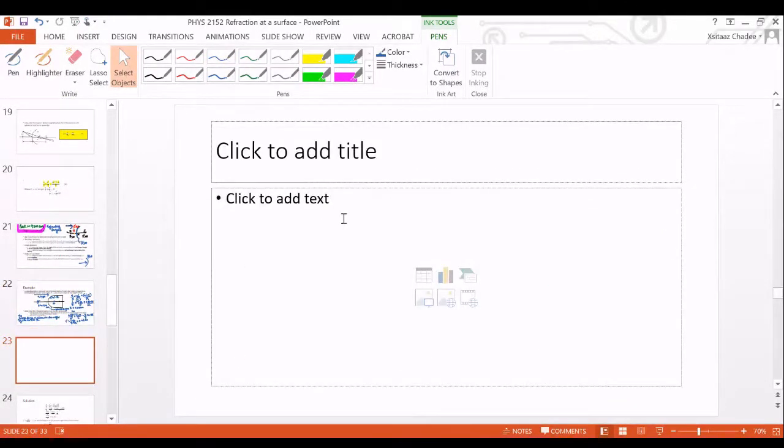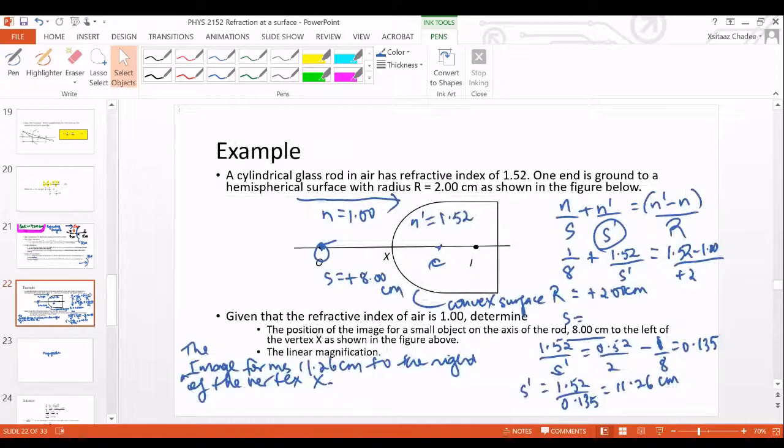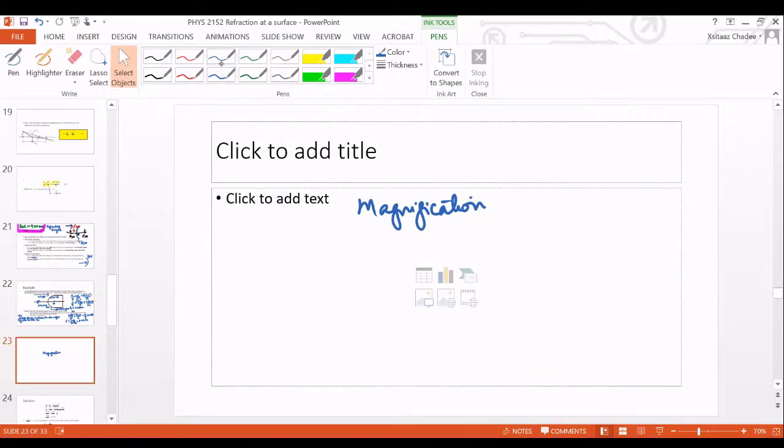Now we want to determine magnification. So magnification, this is for the second part of the question. Let's just go back here a bit. We want to get the linear magnification. So m is equals to minus, remember it's always going to be image distance divided by object distance.